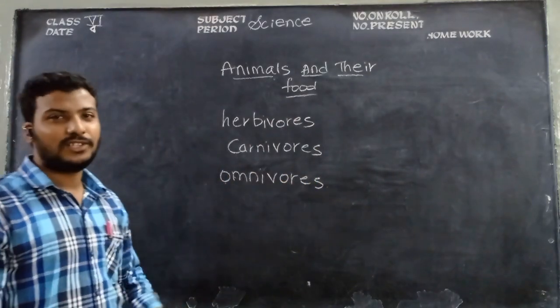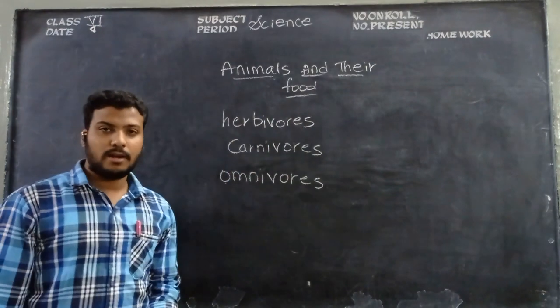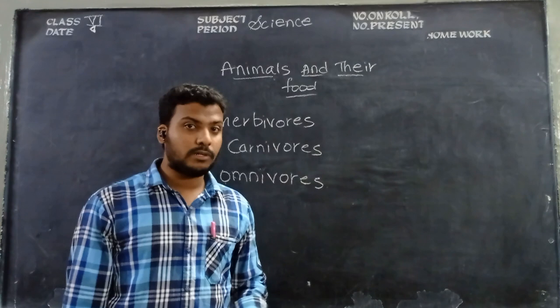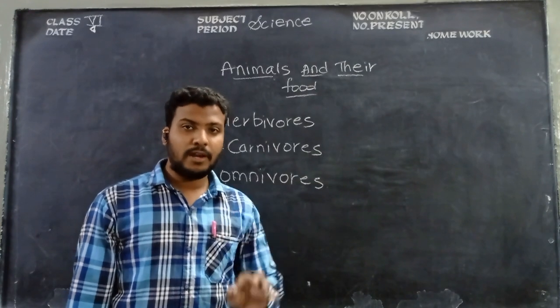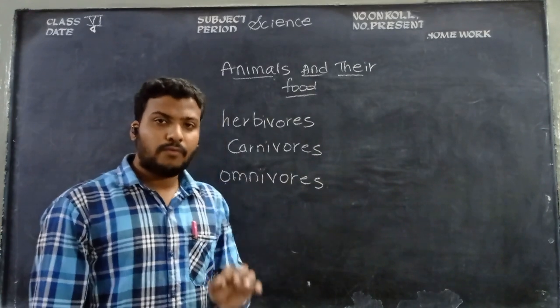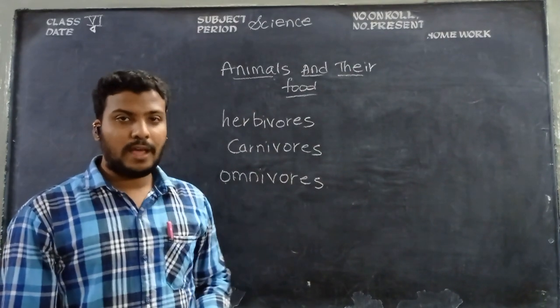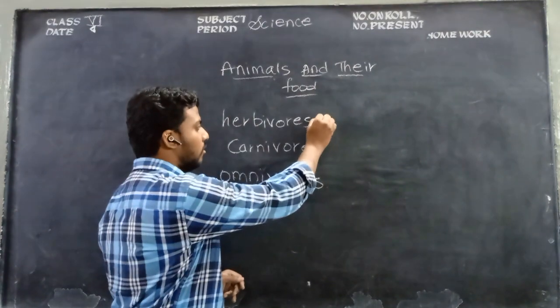Herbivores are animals which depend only on plants for food. The animals which depend only on plants for food are called herbivores.